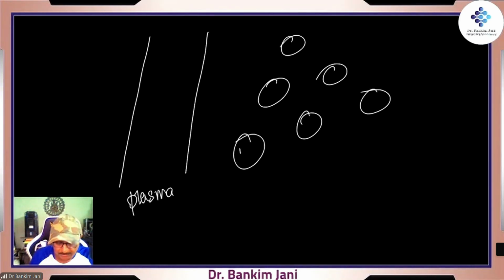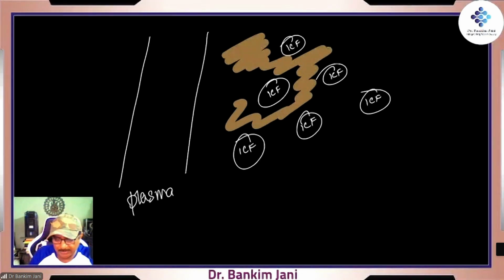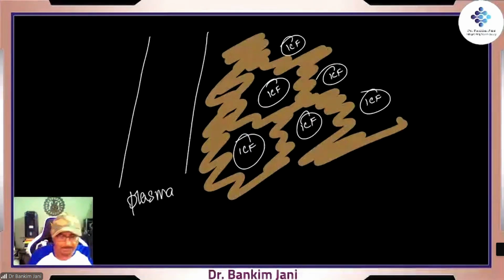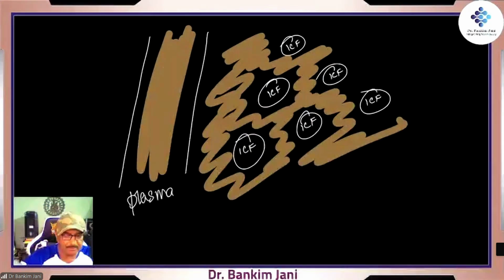So in the cell, we'll call it intracellular fluid or the intracellular environment, right? Something which is in the cell. Okay. Inside. And the space between, this space is an in-between space. Right? This space is not the blood, right? Blood to yahan pe hai. This one is the blood.